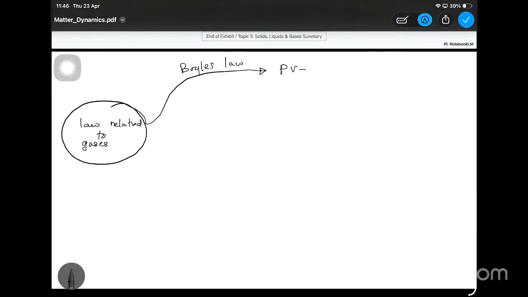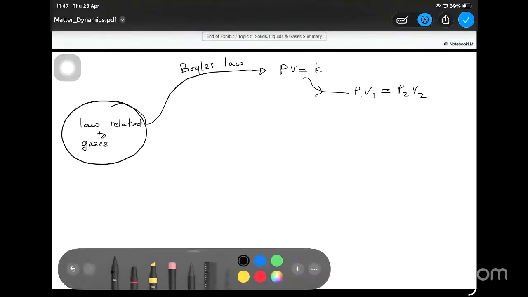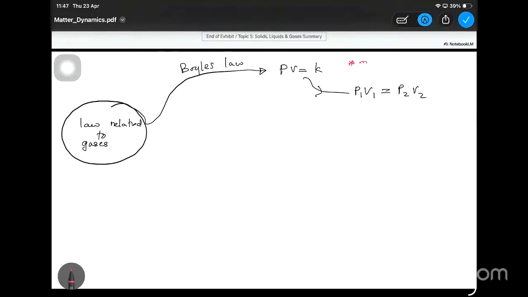The equation is PV equals K, and the extended version is P1 V1 equals P2 V2. In order to apply this, mass and temperature are constant, right? Temperature must be constant in this situation, right?